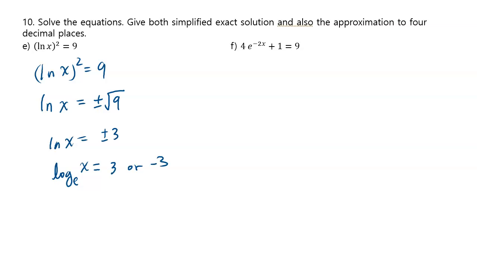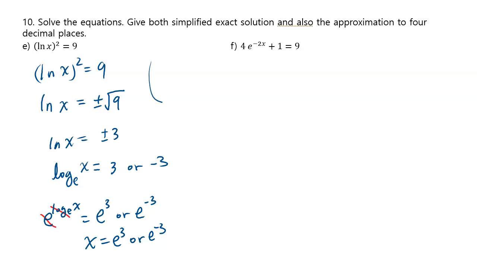So to get rid of this log base e, you say e to the log e of x is the same thing as e to the 3 or e to the negative 3. The reason you do that is because e to log e cancel, and it brings down this x, and therefore you end up with x equals e to the 3 or e to the negative 3. Now I still need to figure out its decimal value, so let's use the calculator.